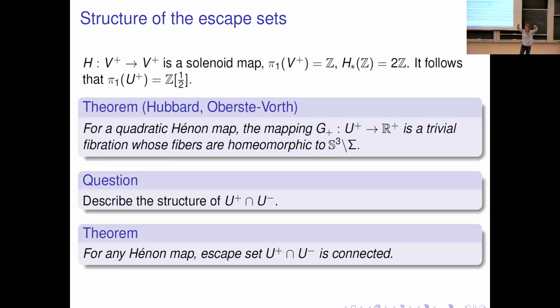And you fill in, by pre-images, this extra torus, but you don't fill it completely. You're missing a solenoid. So this is the topology of U plus. And I'm keeping completely this extra dimension because it's a fibration over this extra dimension.